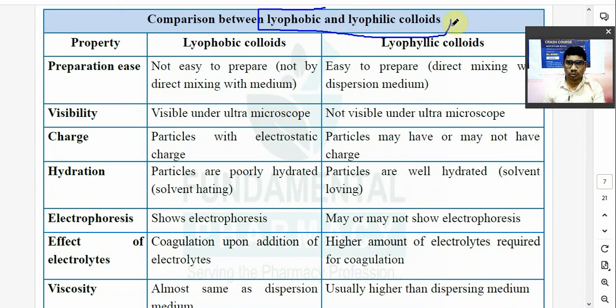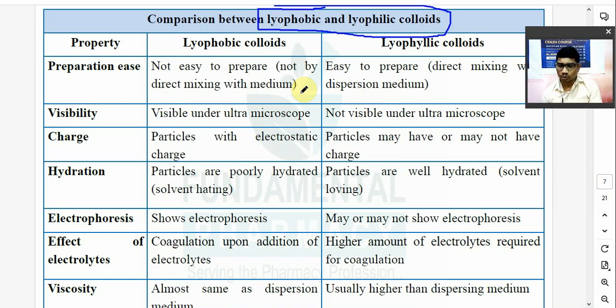So colloidal dispersion will have properties in between the molecular dispersion known as a true solution and coarse dispersion known as a suspension. तो colloidal dispersion का properties, particle size किसके बीच में होता है? ट्रू सॉल्यूशन, उसको ही अपन मोलिकुलर डिस्पर्शन बोलते हैं, इसके बीच में, और सस्पेंशन उसको अपन कोर्स डिस्पर्शन बोलते हैं. So the properties of colloidal dispersion lie between the molecular dispersion and coarse dispersion.